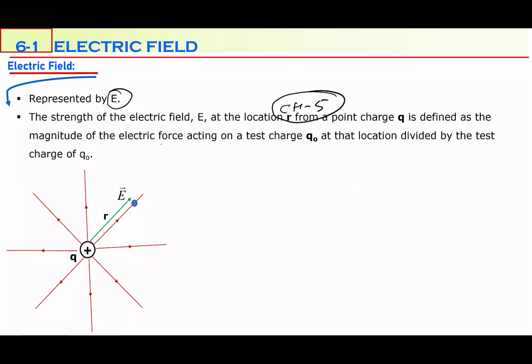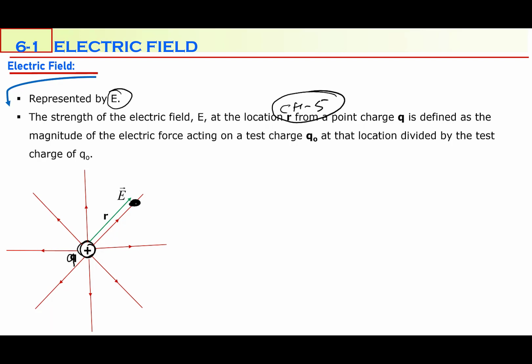How can we calculate the strength of the electric field? How can we understand how big an electric field is? So this is the definition. The strength, meaning the magnitude, of an electric field at a location. For example, let's say the location is here. What is the strength of the electric field? What is the magnitude of the electric field at this location, because of a charge Q?